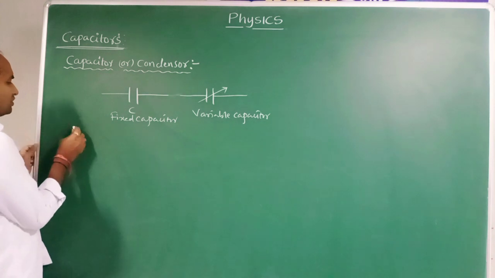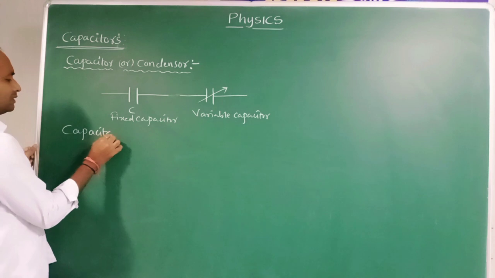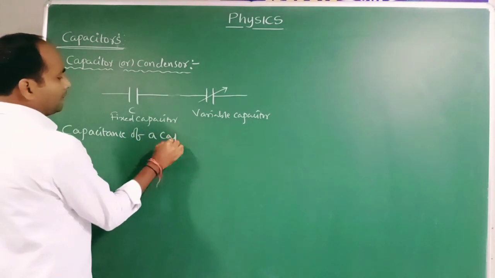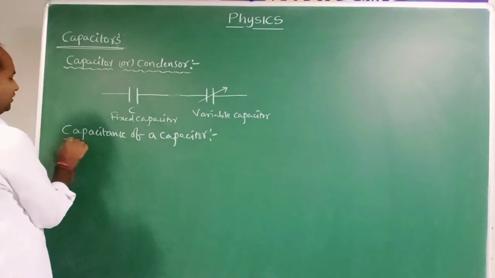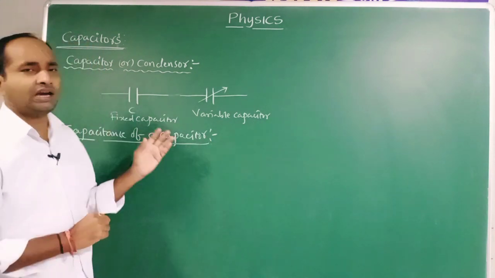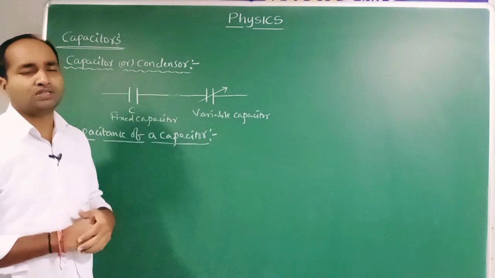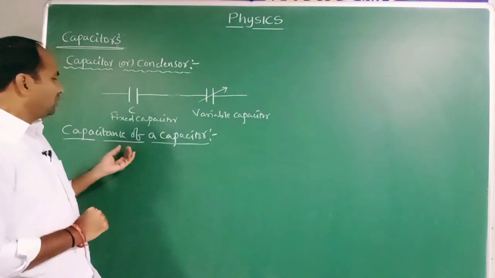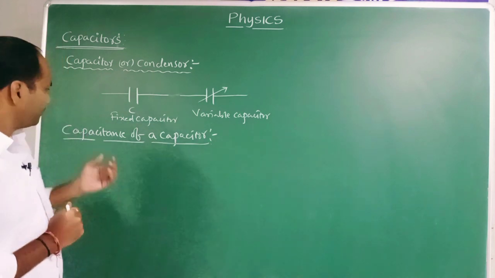Now, what is the capacitance of a capacitor? Capacitance is a physical quantity. If two conductors are given positive and negative charge, the charge of the capacitor is the charge of the positive conductor.